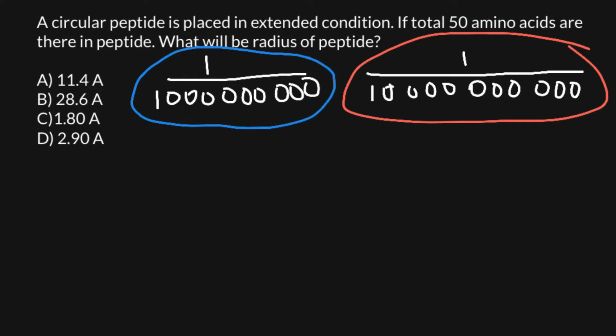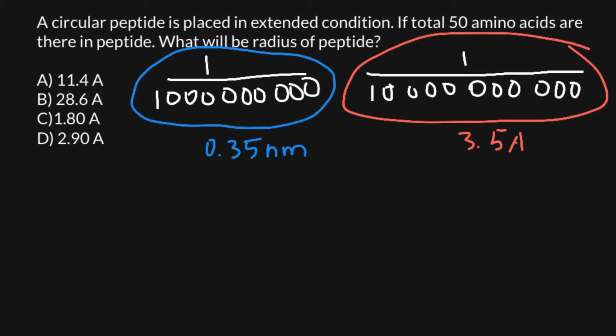So if we know that one amino acid is about 3.5 angstroms, on the nanoscale this is going to be 0.35 nanometers. Once again, it is very easy to make a mistake here.